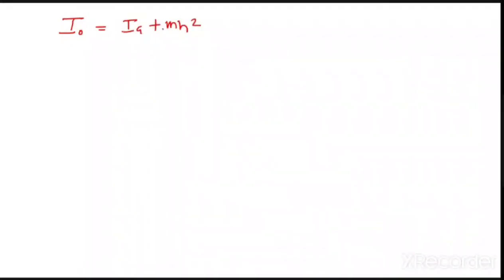Now tell me, what is the moment of inertia Ig? What is the moment of inertia of a rigid body about the center of gravity? It is mk square. So I is nothing but mk square plus mh square.